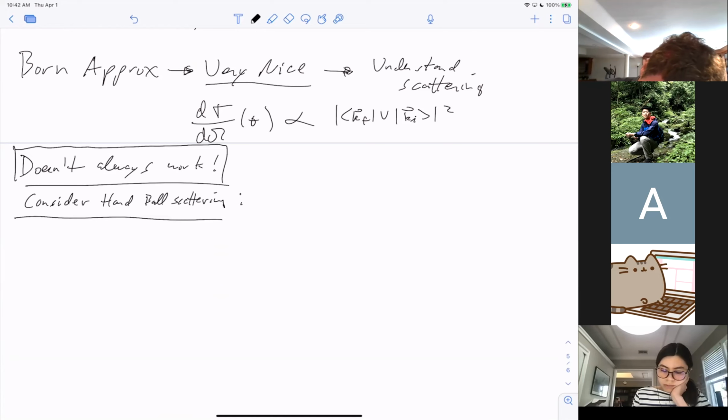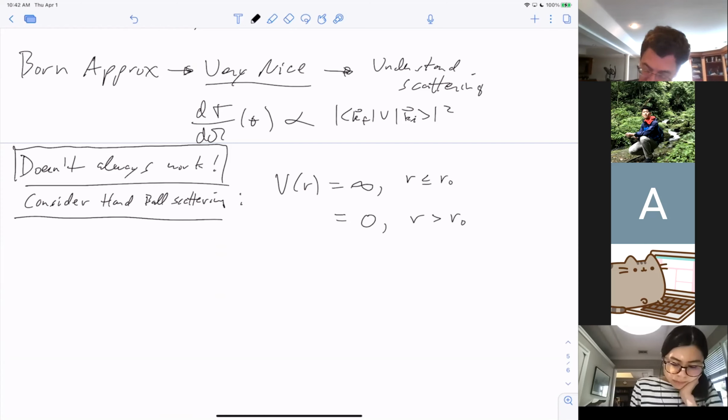Hardball scattering is where our potential V of r is, I'm sorry, the idea of a hard ball is that the potential is infinity for r less than or equal to r naught, and it equals 0 for r greater than r naught.